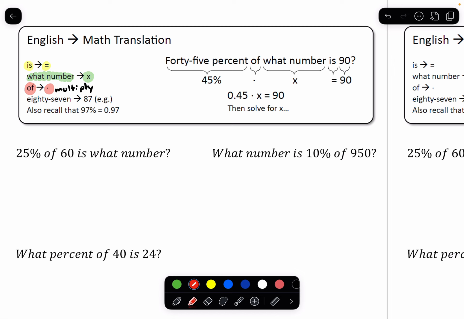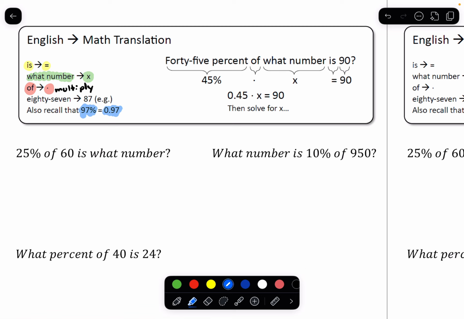And then also recall the last one down here at the bottom, 97% can also be written as 0.97. So depending on what calculator you're using, that 97%, it might be easier to make it 0.97. The calculators that you're using in this class actually have a percent button, so you don't have to make it 0.97. You can actually type in 97% and it will do the math appropriately.